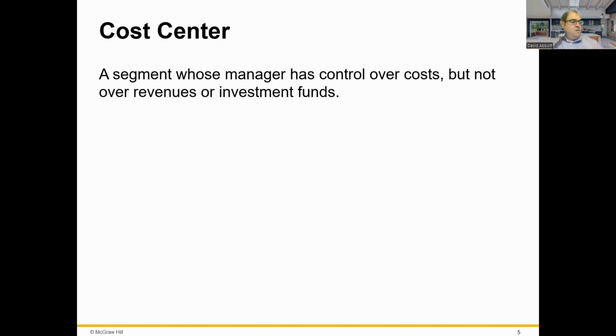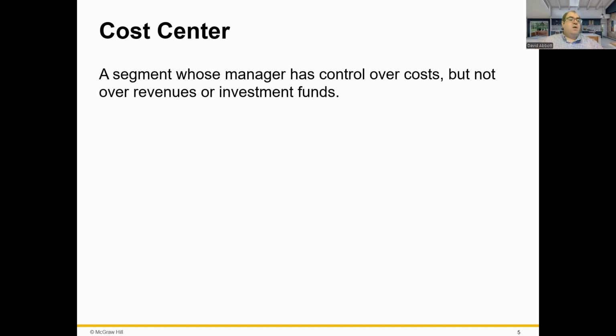A cost center is one where the manager has control over costs, but not over revenue or investment funds or how investments are being made within the organization. Service departments such as accounting, general administration, legal, and personnel are often classified as cost centers, as are manufacturing facilities.